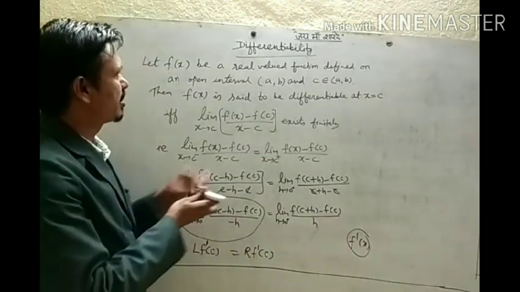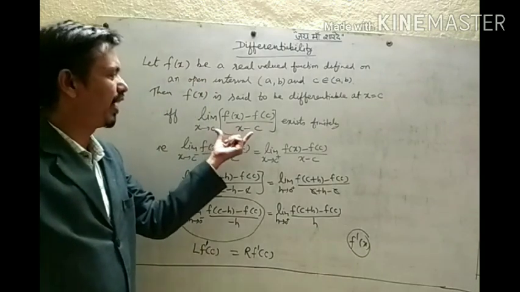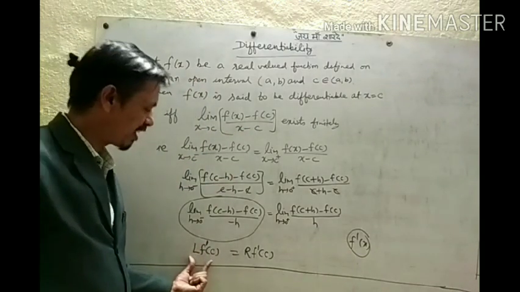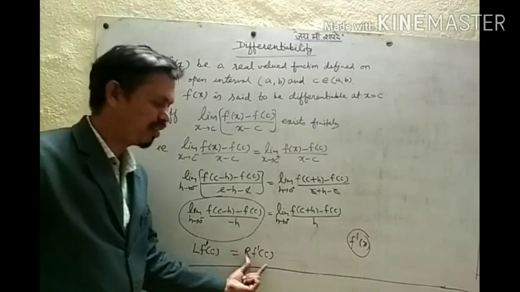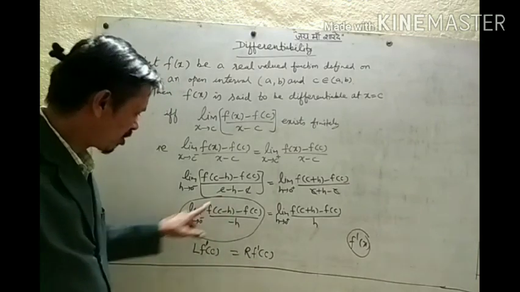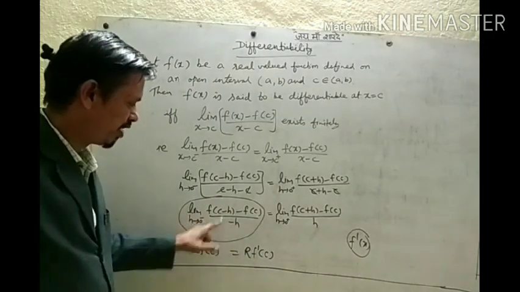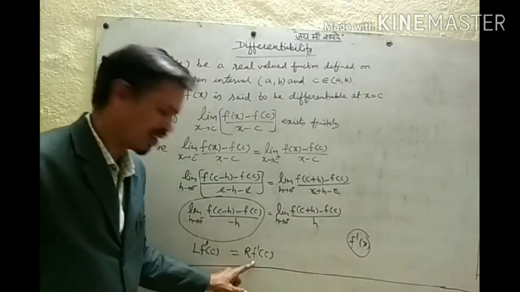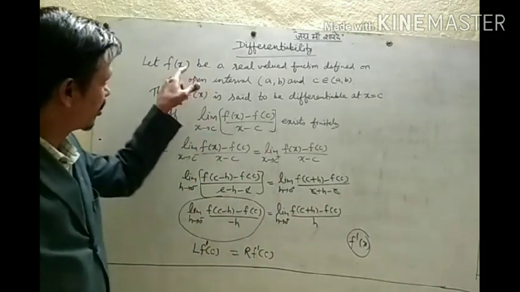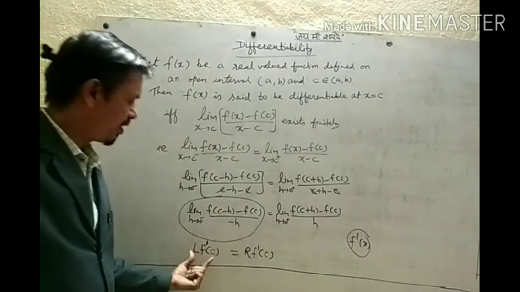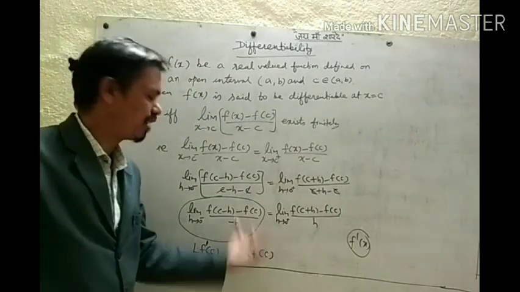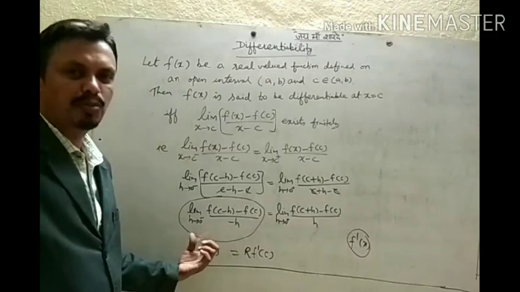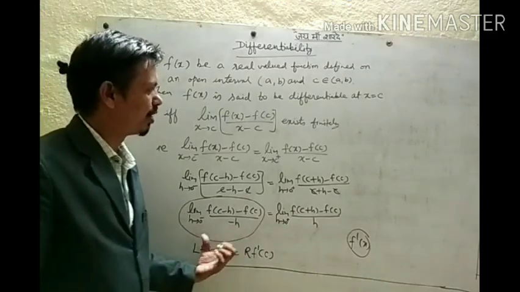So this function is differentiable if this limit exists, meaning the left hand derivative and right hand derivative are equal. This is called the left hand derivative and we denote it by this. It is the right hand derivative, we denote it by this. So when a function is differentiable, it means its left hand and right hand derivatives both exist and they are equal.